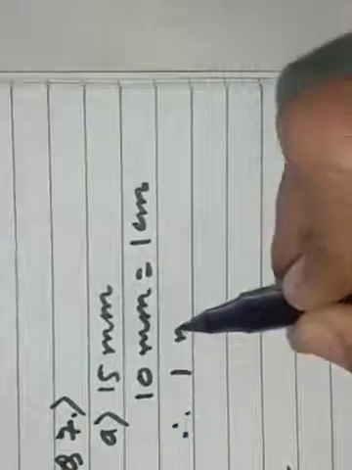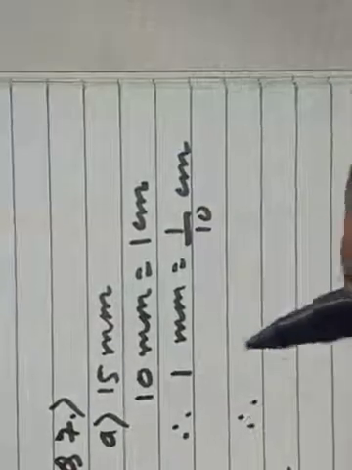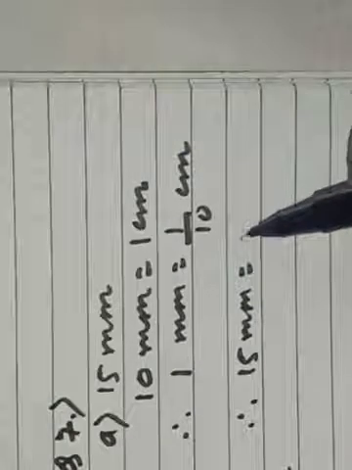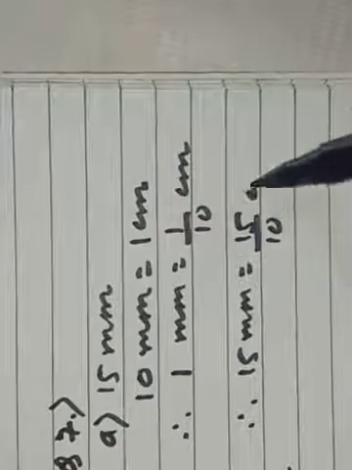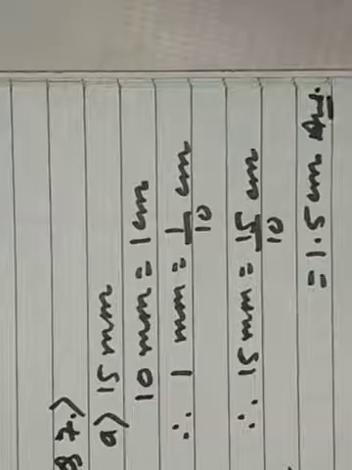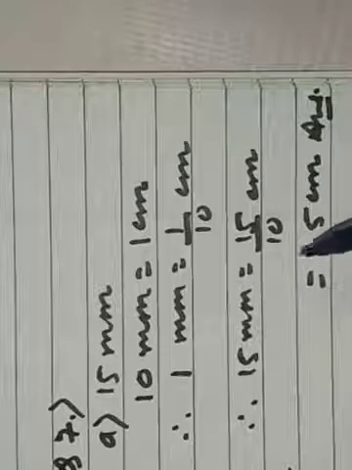Therefore, 1 millimeter is equal to 1 by 10 centimeter. Therefore, 15 millimeter is equal to 15 divided by 10 centimeter is equal to 1.5 centimeter answer. Okay, all of you understand? Like this you can solve all the questions in question number 7.